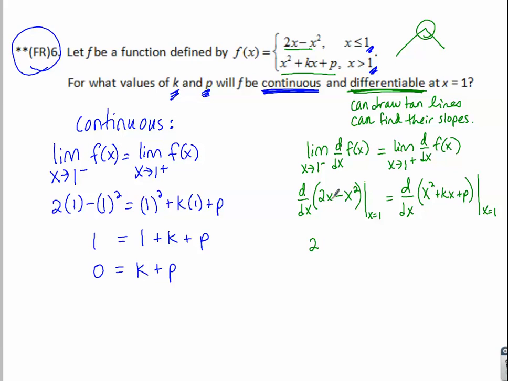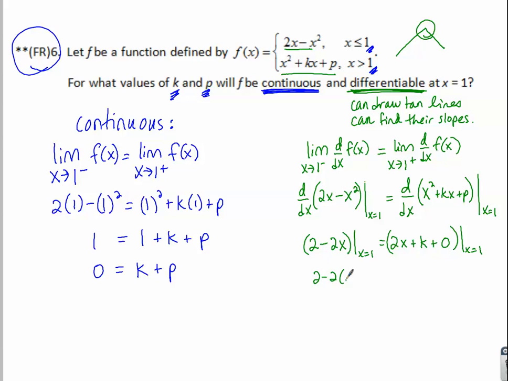2, because that becomes x to the 0, which we know is 1 or seems to disappear, minus using our power rule, 2x. We still are going to need to plug in x equals 1. Over here, the derivative is 2x plus k is a constant, plus p is a constant, so that derivative becomes 0, and that's going to be at x equals 1. Now we can go ahead and plug 1 in on each side.